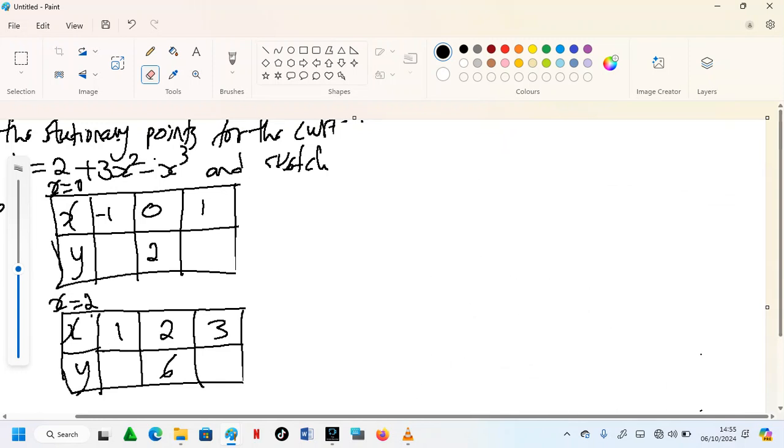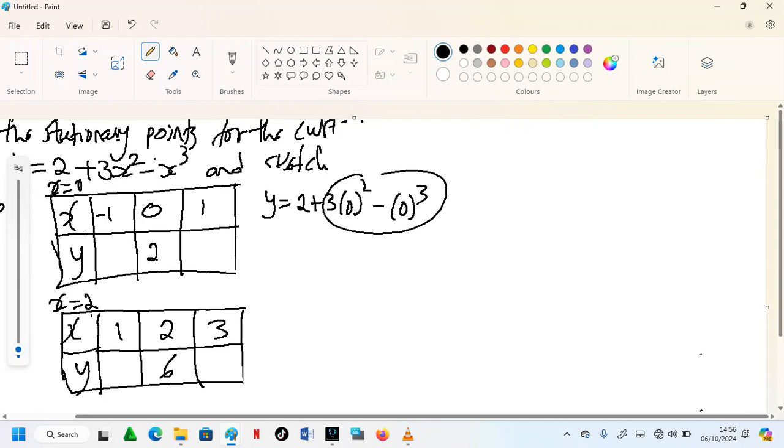Alright, so very fast, this is our equation. y is equal to 2 plus 3 times 0 squared minus 0 cubed. This is what gave us 2, the one that we have here. Then y is 2 plus 3 times 1 squared minus 1 cubed.